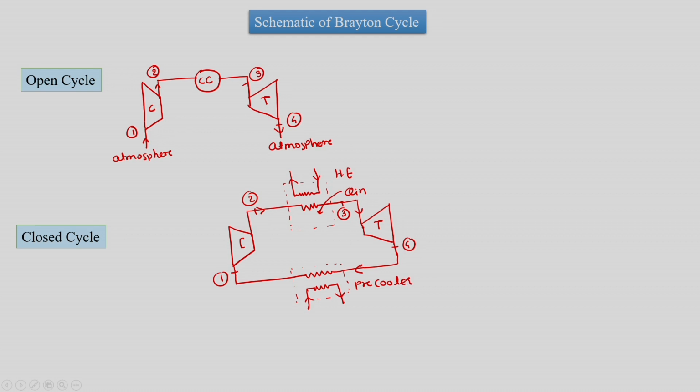These are the schematic diagrams for the Brayton cycle. Having said this, we will move ahead and see the relations for the thermodynamic processes and the associated work and heat interactions. For that, let us first plot the TS diagram.